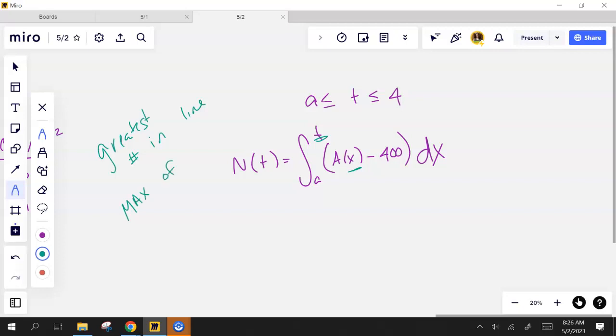Max of N of t, right? Because it says the number of vehicles in line at t is given by, so I want the max of N of t, which means if I want to find a maximum, I need to first find a derivative. Are y'all following me? And set it to 0, right?